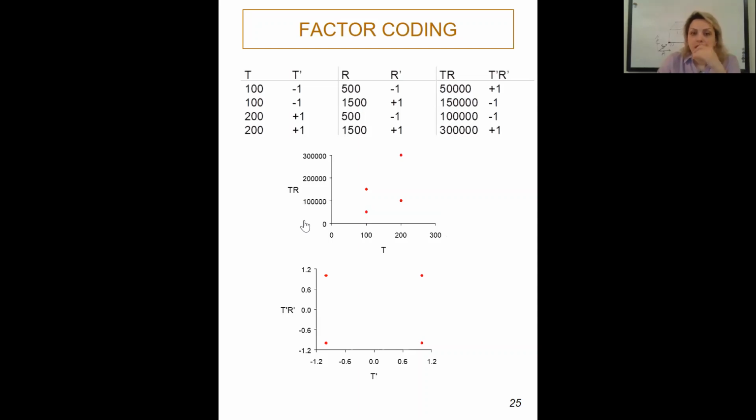For example, the main thing with this, when we change the uncoded terms to the coded ones, is that it's going to help us with orthogonality. So look at here, I have the interaction.